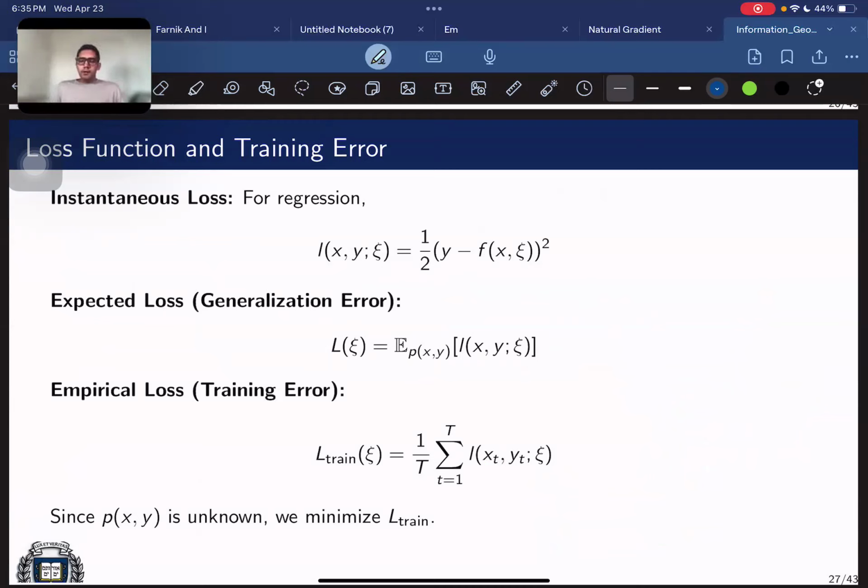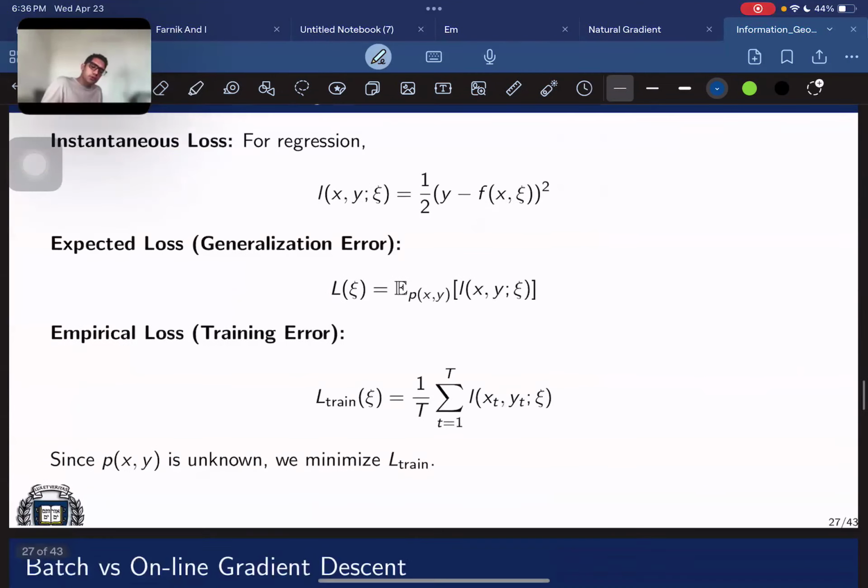But if you have too much data, or you don't have access to the whole data, you don't have access to the whole distribution of X, you just have access to a limited number of observations and input points. So you need to minimize this loss, but you don't have access to the whole distribution of P, X, and Y. Or X and Y take a lot of memory, or you have other limitations.